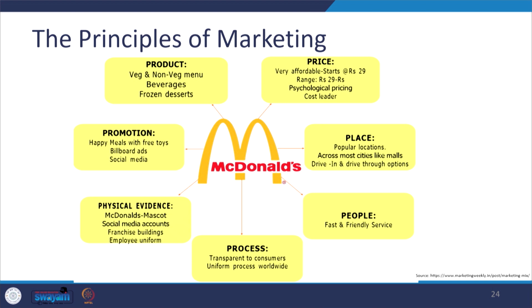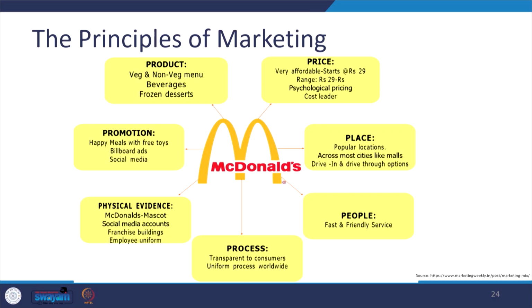Coming to the promotion, they usually promote Happy Meals with free toys. They run billboard ads, and they run different campaigns on social media as well. The physical evidence is about the store layout and store design. So, there is the McDonald's mascot, the social media accounts, franchise buildings, employee uniforms. And the process, which is the next P, is transparent to consumers and uniform across locations, even in India and abroad.